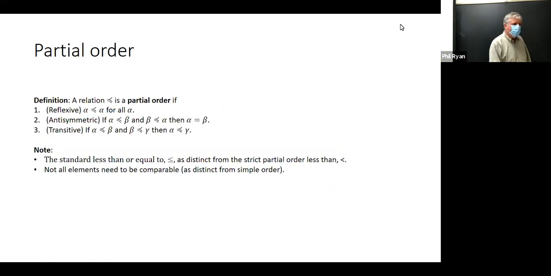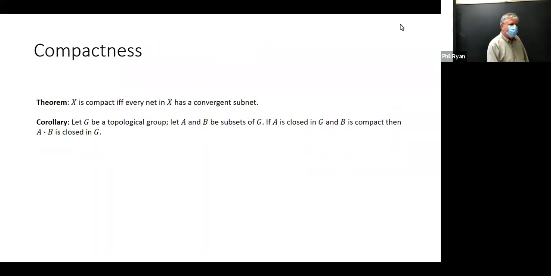And the answer is no. And I'll go right to the last slide about this theorem that shows that a space is compact if and only if every net has a convergent subnet, right? So a net, remember, is the generalization of a sequence. A subnet is a generalization of a subsequence.